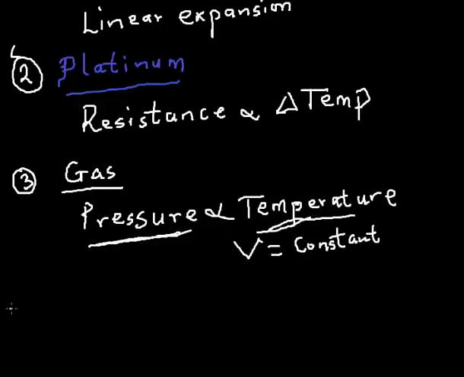All right. Then number 4. What are we looking at again? We'll look at an instrument known as a thermocouple. A thermocouple, as the name implies, is made up of two metals that are joined together.